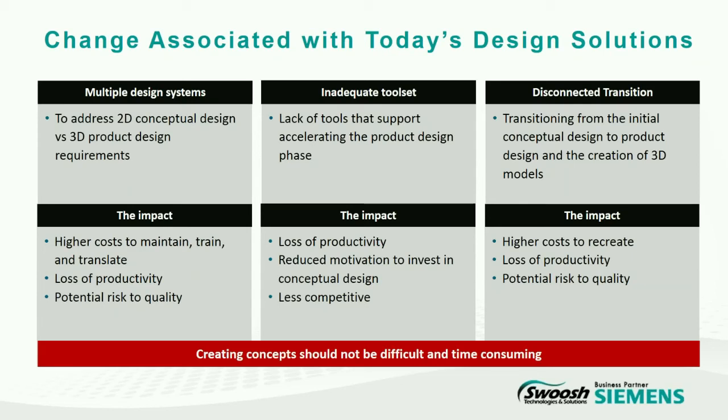As you pass your 2D definition or your conceptual definition onto 3D, does it involve migrations, translations, redefinition, recreation? You can see the impact on all these. Higher cost, longer to productivity or longer to production, sometimes potential risk to the quality.